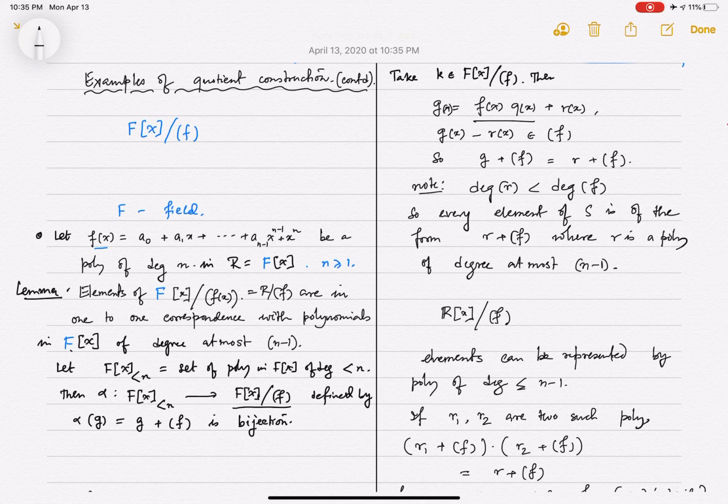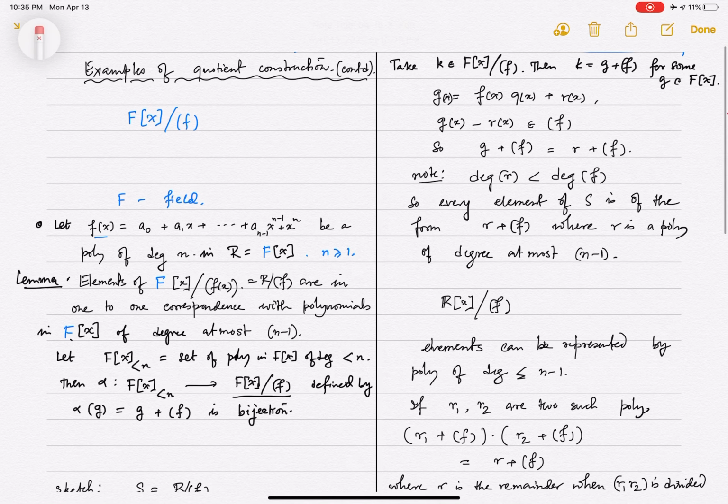Then k looks like this for some g. The point is that this g need not have degree less than n to begin with, but I want to write k as the coset of something where that something has degree less than n. What you do is you take this g and divide by f.